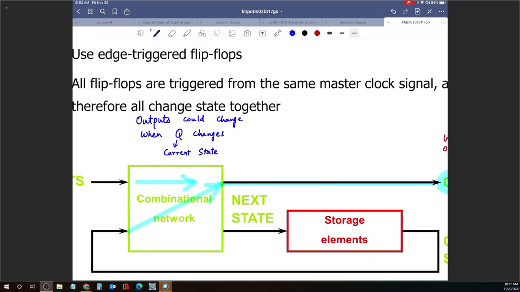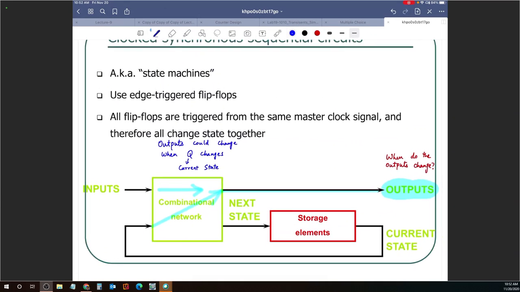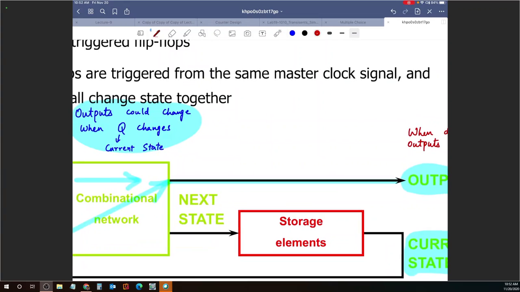You guys see that? Let me color code this now. This is essentially saying current state changes. Because the current state changed, that changed. That's one possibility, so we are using that arrow there. The other possibility is right here.